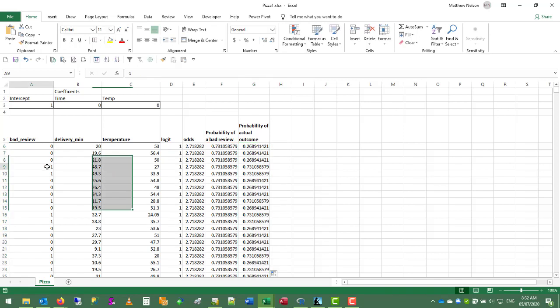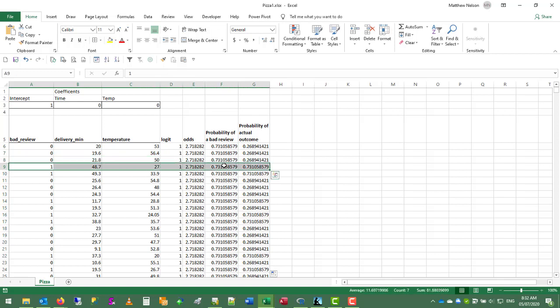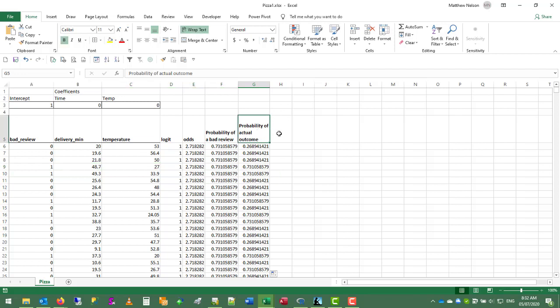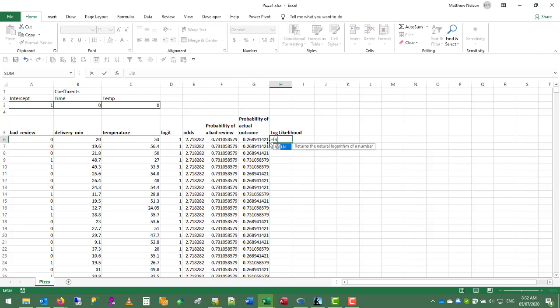So the columns with 1 here is the probability of a bad review. So now we're not done yet. We need to take now the log of the likelihood, which is simply the natural log of G6.